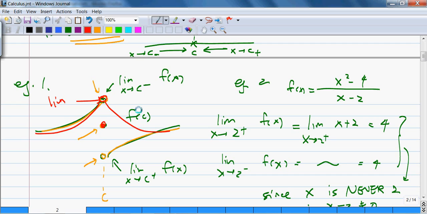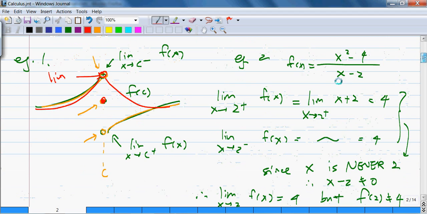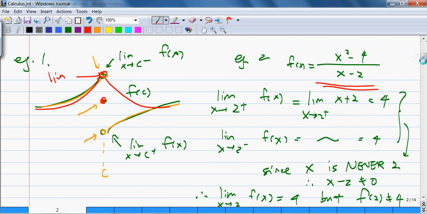If you want a concrete example of a function, then this function here would work. If you take the left limit, know that on the top is just x plus 2 and x minus 2. But when x is equal to 2, you cannot cancel the top and bottom because both of them are 0. But whenever x is not 2, then you can actually cancel these two, so there's only x plus 2 left.